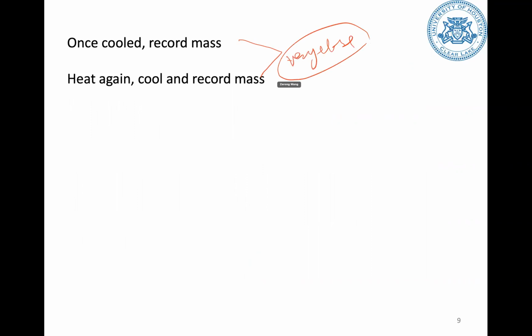Now, sometimes if you have enough time, we will ask you to repeat this, but for this class, probably just do one time. Actually, for the analytical lab, we normally ask a student to do a minimum of 3 repeated measurements.